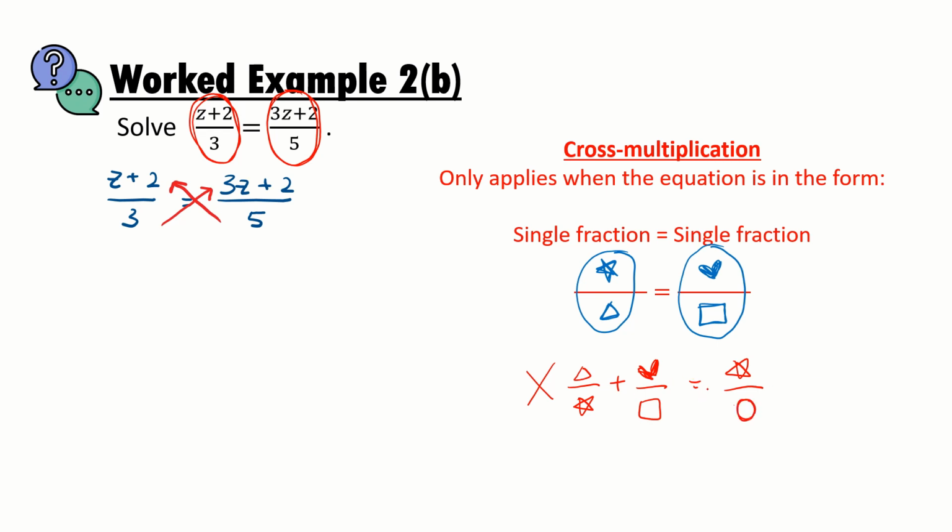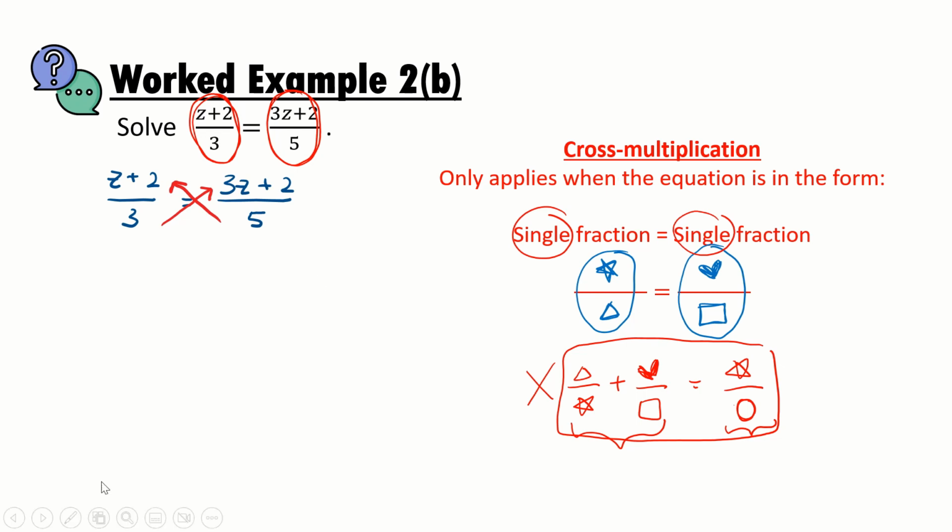So we cannot apply cross multiplication when our equation is in this kind of format, because there are actually two fractions over here, and then there's only one fraction over here. So therefore, the idea of single fraction and single fraction must be there in order for us to do cross multiplication. Okay, so when we do our cross multiplication, let me go back to my laser pointer.